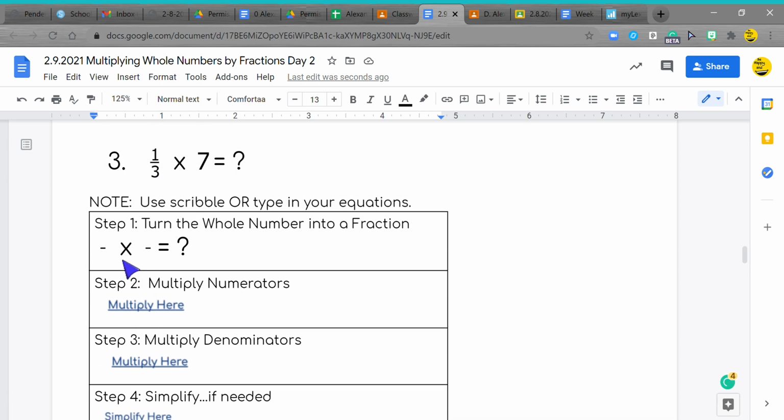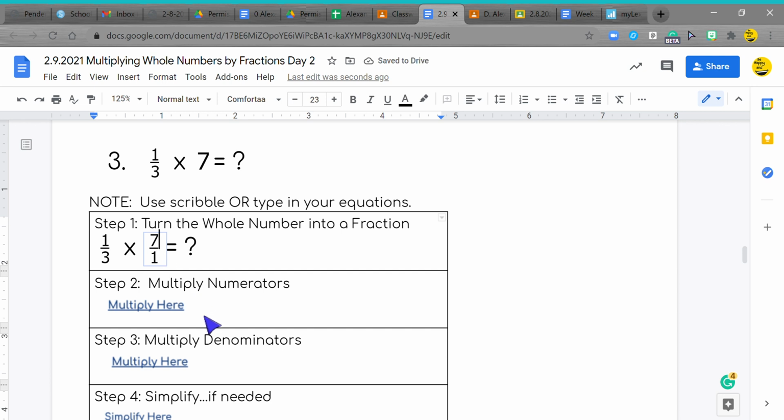Let's go look at number 3. 1/3 times 7. So I get into my little box and put the 3. Go up and put my 1. I do the same thing over here. Well, not the same thing. I have a 7, so I have to put my 1 first and then put my 7.